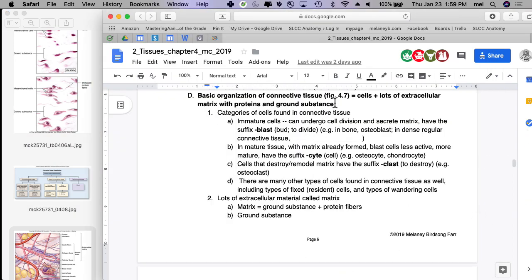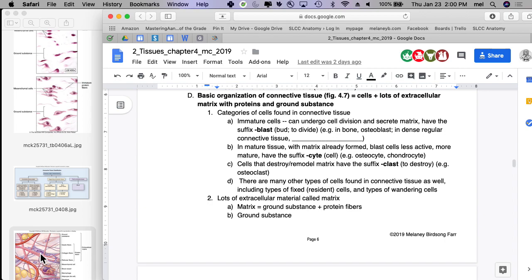So let's look at them individually. What do you find in every connective tissue? Well, you find cells, and the cells are generally going to have one of 3 different suffixes, okay? And so you may find blast cells, cyte cells, or clast cells, okay? If you find a blast cell, it's telling you something about functionality.